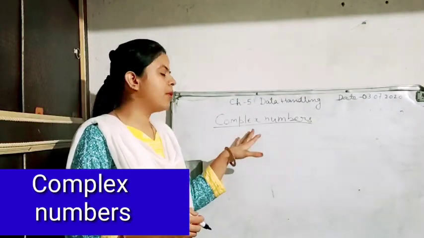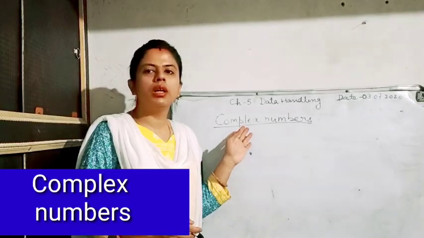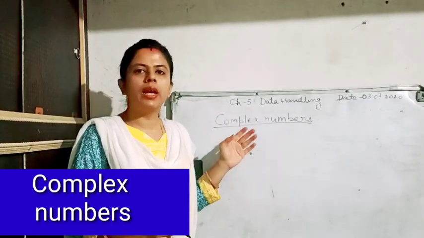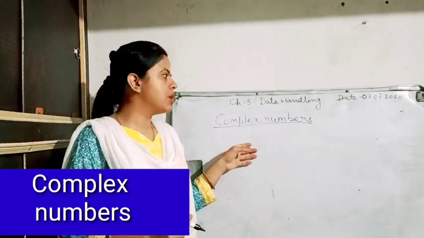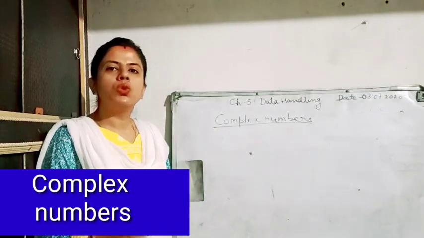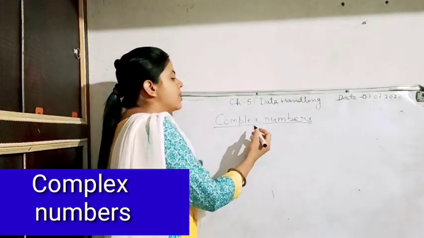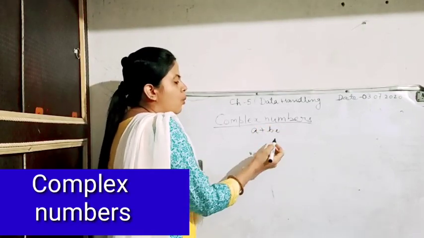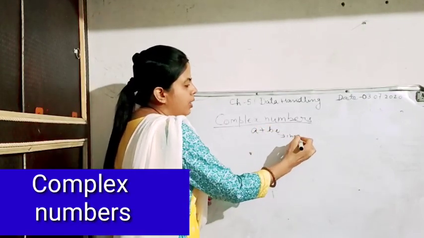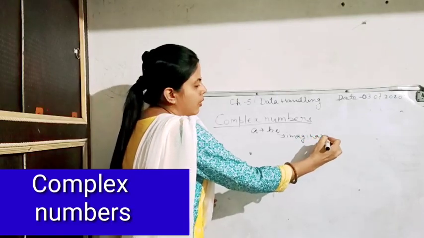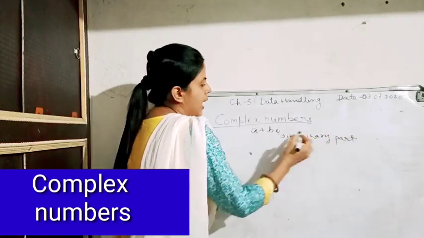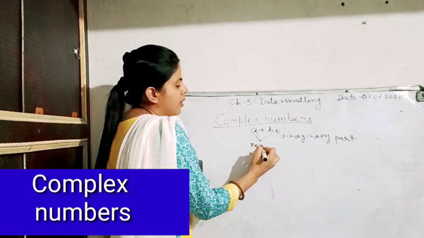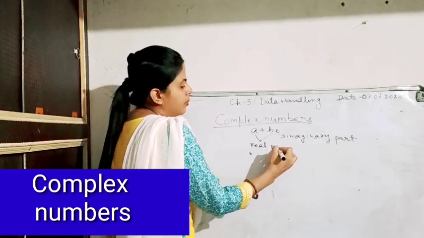You must have learned about this complex number in your maths book. If you have not learned, I'll let you know what complex numbers are. Complex numbers are basically used in mathematics, wherein they are represented in the form of a plus bi, where i is the imaginary part and a and b are the real part.